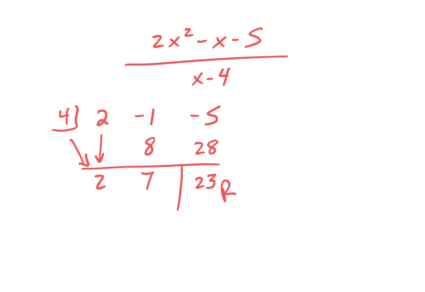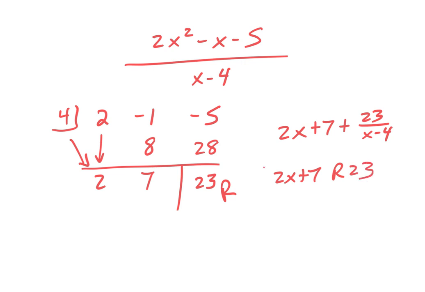So the way that we would write our answer here is 2x plus 7. Last year you probably wrote it like this, and that's the way you're going to see it written sometimes: the remainder over the divisor, whatever we're dividing by. But if we were just writing our answer out, I would be okay with this.